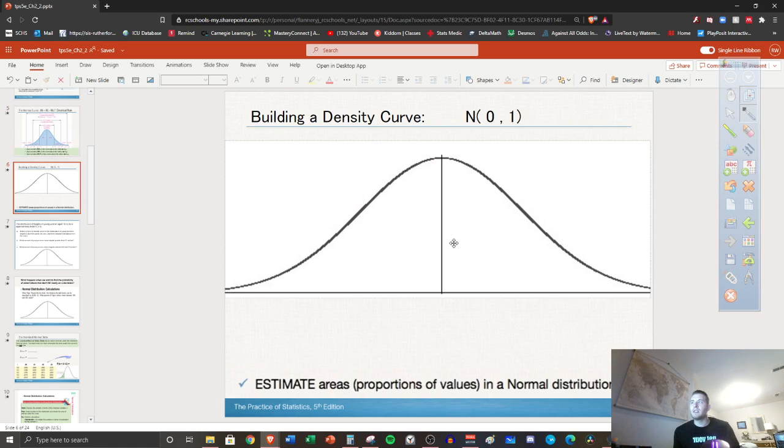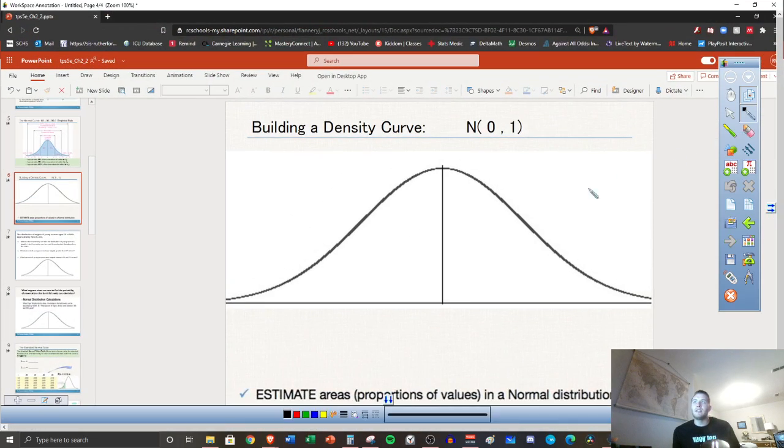So in our notes here, we want to build this density curve. That's a standard density curve. Please go ahead and draw this in your notes, and we're going to draw the 3 lines. Remember that the first deviation is where the inflection point is on either side, and it's symmetric.